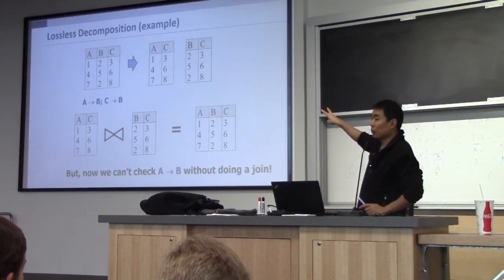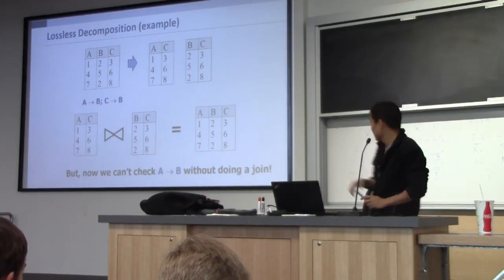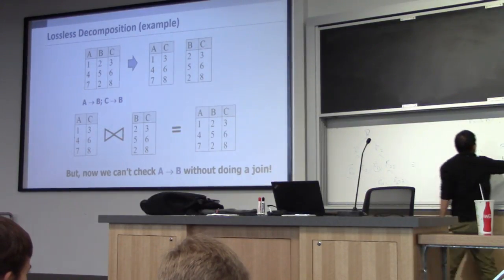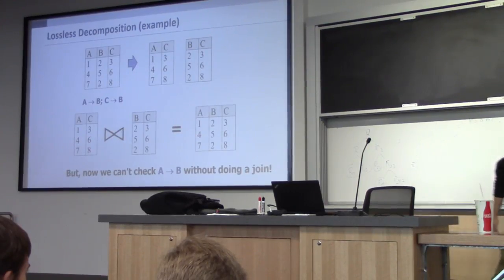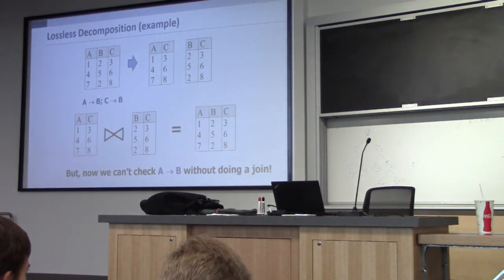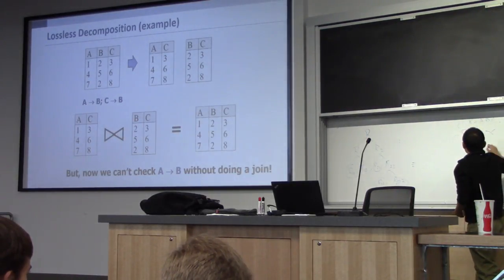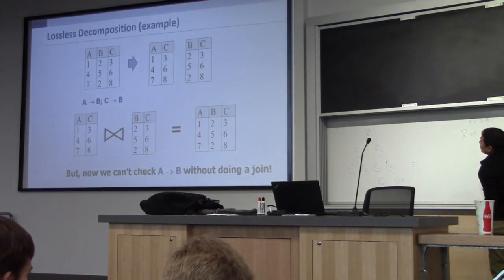So R is decomposed into 2 schemas, X and Y. X is AC, Y is BC. So that's my input. I decompose R into X and Y.